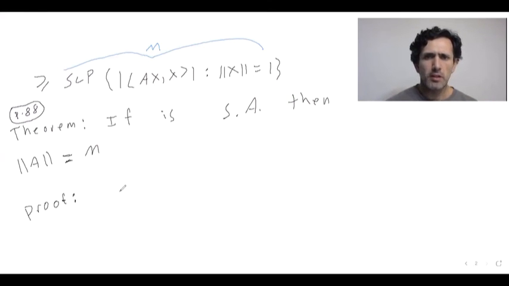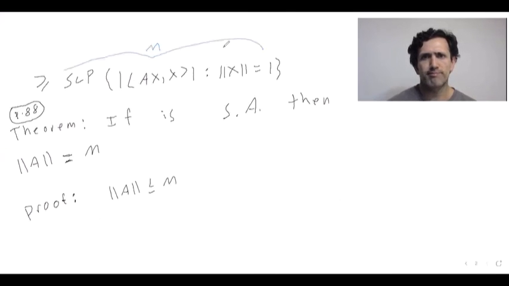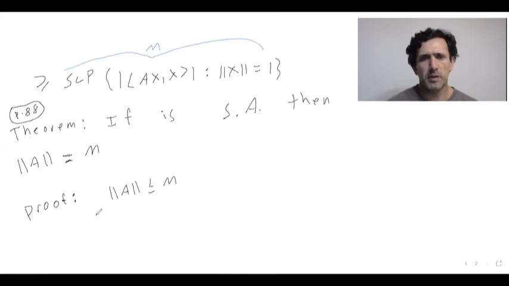So it's obviously enough to show that the norm of A is less than or equal to M. We already showed trivially that the norm of A is bigger or equal to M. So we have two observations. Essentially, I'm going to follow the book's proof, and the book's observation B on page 88 is just what I have here, basically.